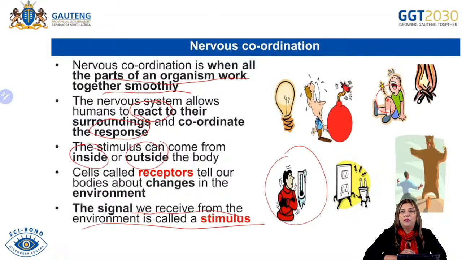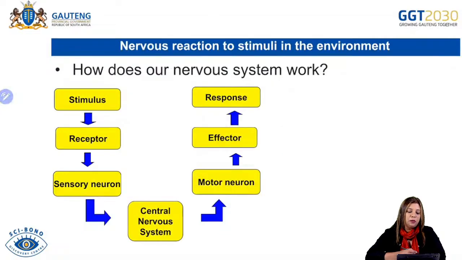So receptors are very, very specific to what they pick up. So these cells called receptors are able to tell anything that goes on around us or inside us, okay? So let us move to how your nervous system actually works. It's really, really simple because it's something that you are dealing with on a day-to-day basis.